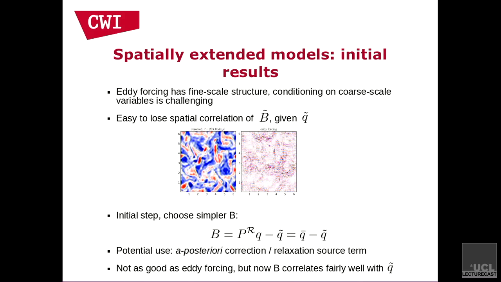It's like a simple correction technique. It's not going to be as good as the actual B. It's not going to be as good as the eddy forcing. But at least now I have a B, which is going to correlate fairly well with something I actually have access to when I'm running the model. It's just the linear difference between Q bar and Q tilde. So if I have Q tilde, this tends to correlate pretty well with what I know.